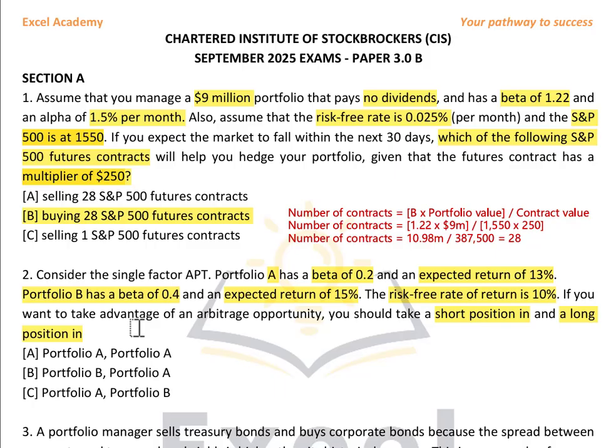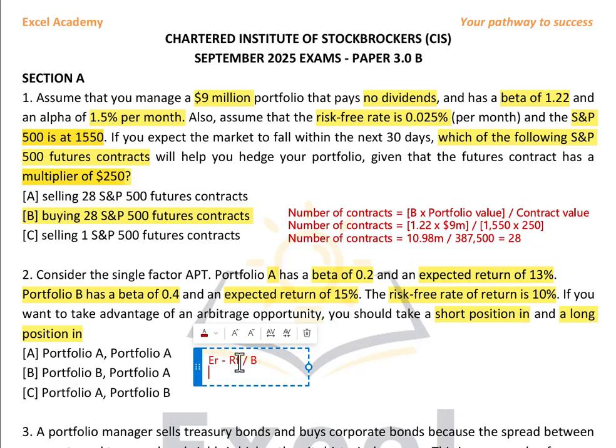Basically, what we're going to do now is ascertain the risk premium, then divide it by the beta. This is what I mean: the expected return minus the risk-free rate, then divided by the beta.